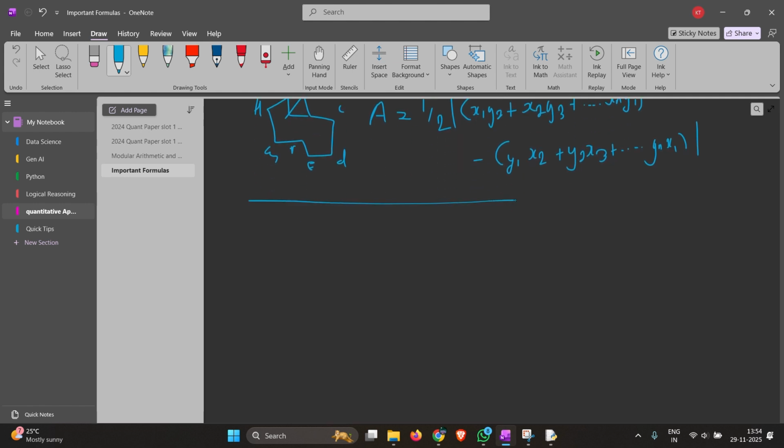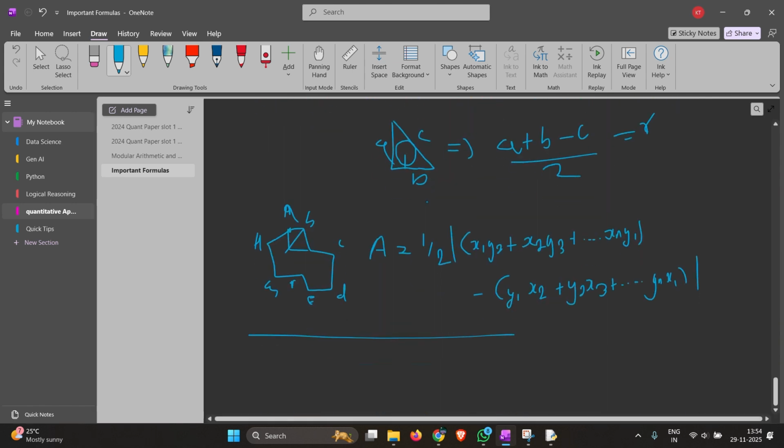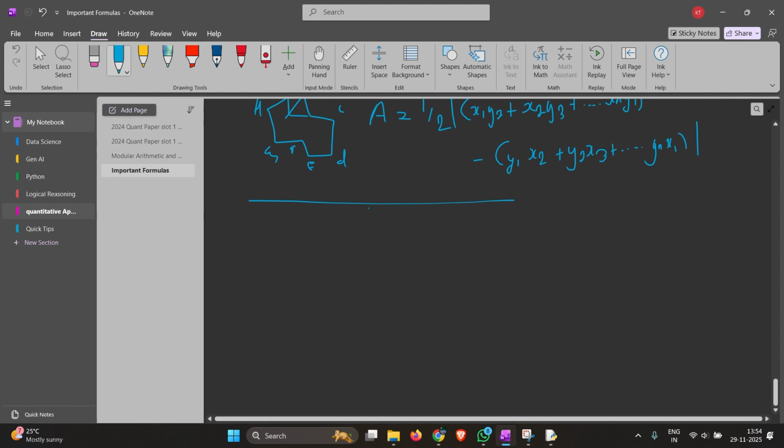Now the formulas for cubes and rectangles, a lot of people already know, so let's not go through that. Actually for the sphere, let's go through the basics of those formulas because some people tend to forget that.